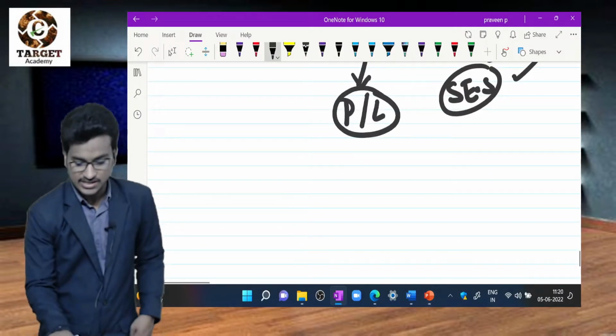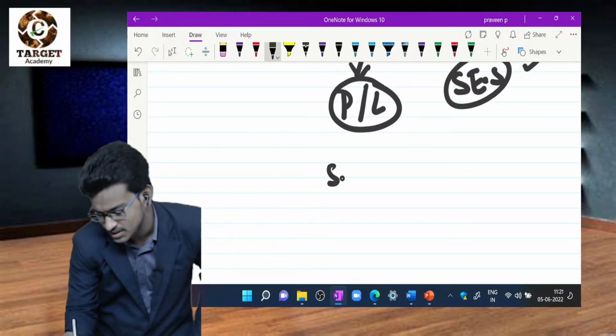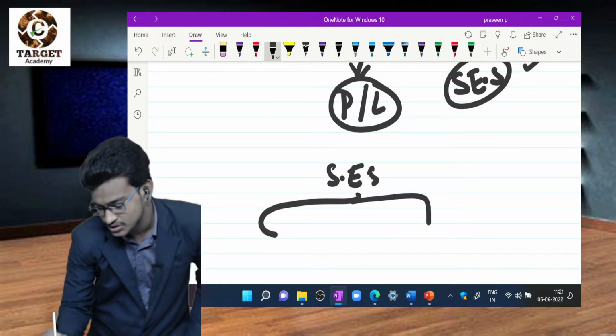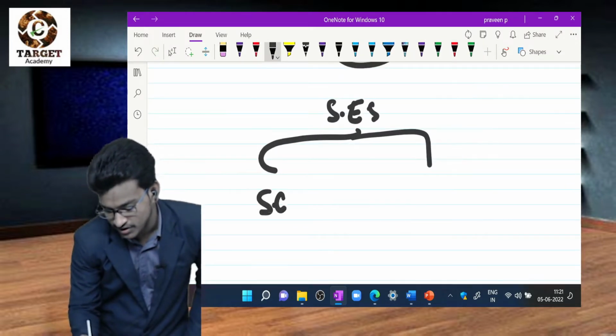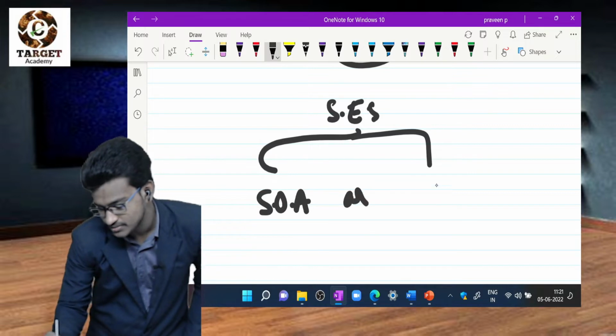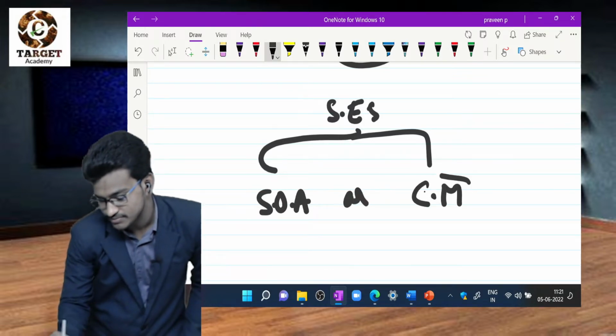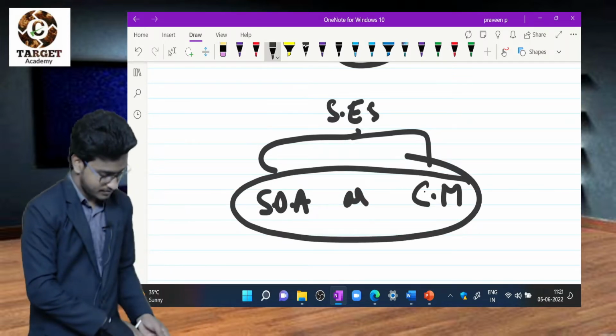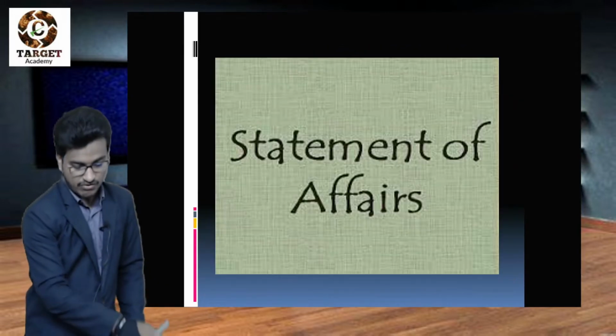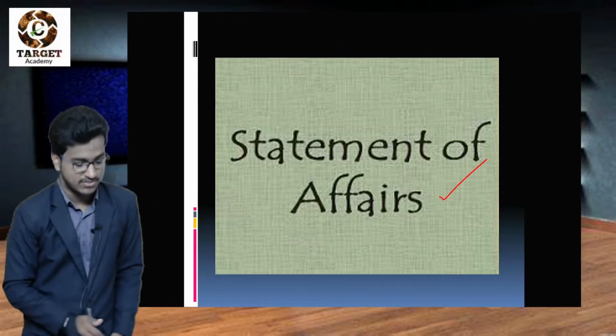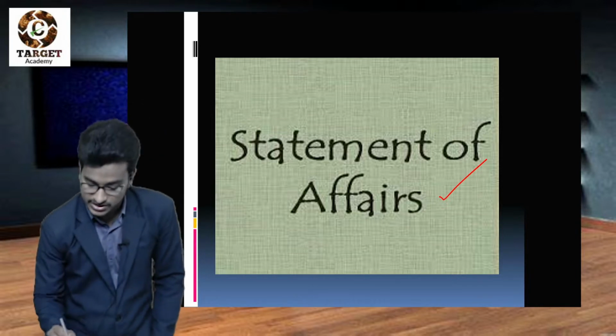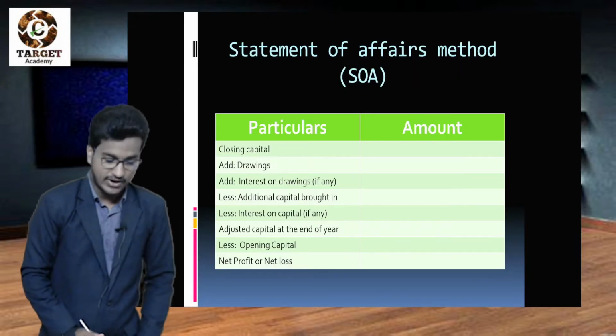That means in the exam, if any question is asked from the single entry system, it will be the statement of affairs method or the conversion method. So let us discuss the first one, the statement of affairs method. This is a very simple concept.